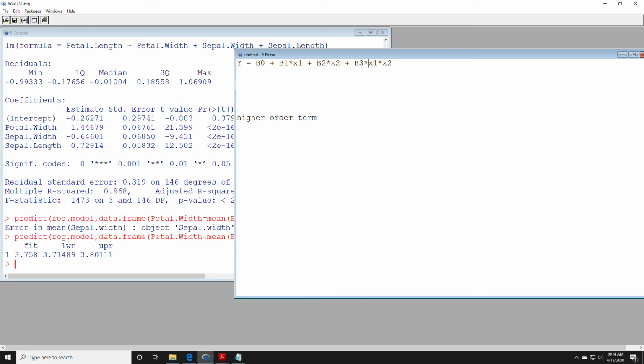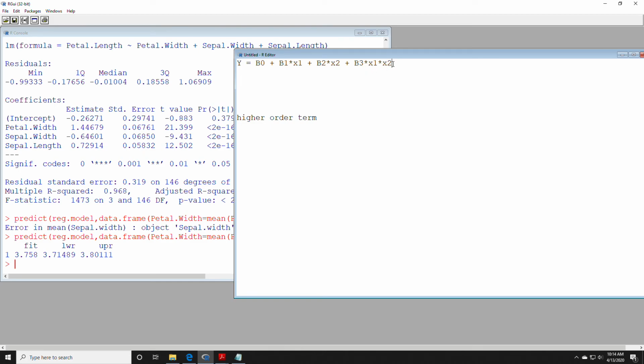What this means is that, say for example, in this model, everything is useful. We've verified that everything fits well. All of these p-values are low for each beta, for beta 1, beta 2, and beta 3. So everything is great.